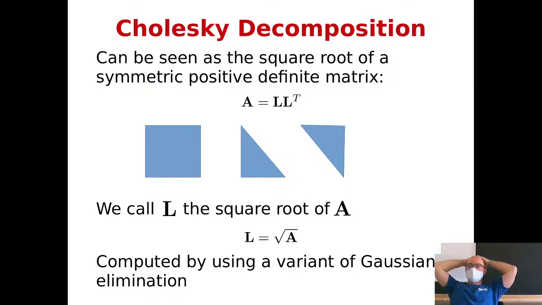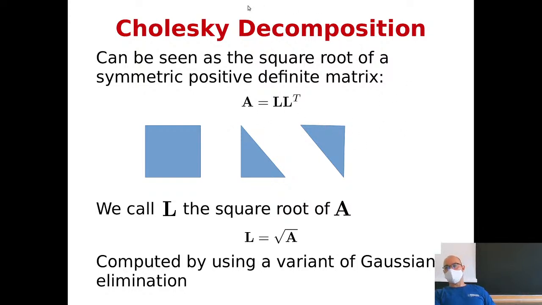If a matrix is symmetric and positive definite, then we can find a lower triangular matrix L that, multiplied by its transpose, which is an upper triangular matrix, is equal to A. Okay, this is the definition of a Cholesky decomposition.